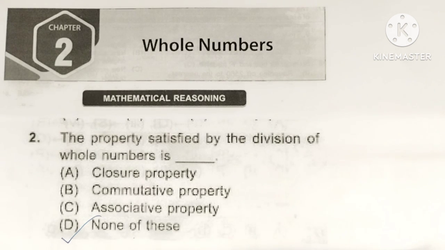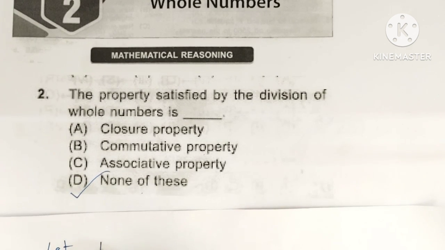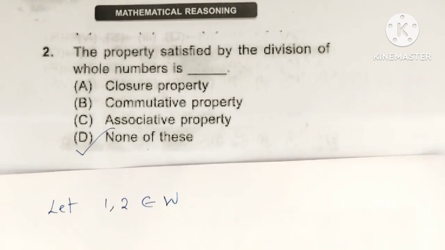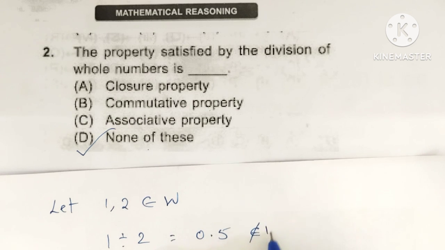Let us take 1, 2. 1, 2 belong to whole numbers. Their division 1 divided by 2 is equal to 0.5. 0.5 is not a whole number. So closure property does not satisfy.